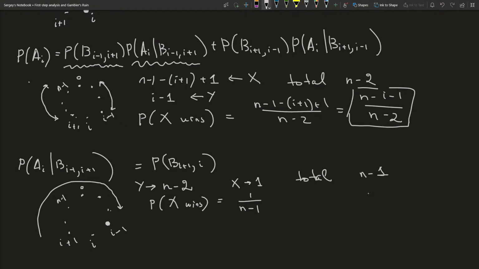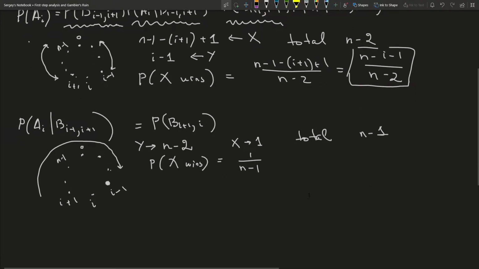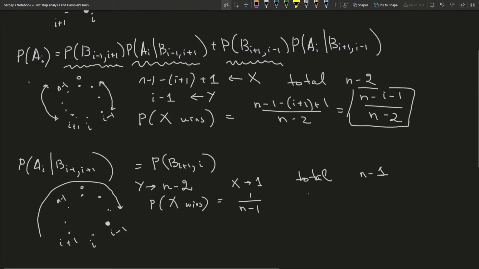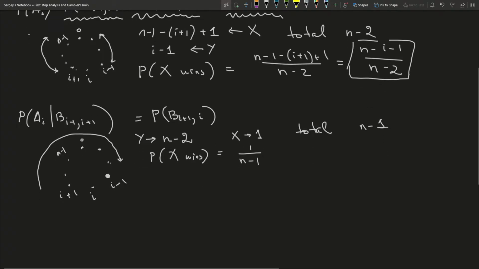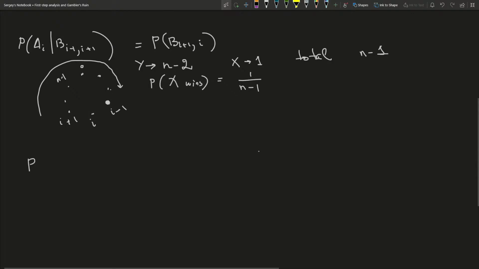Now the next term we want to find out is this here, the probability that the i plus first sheep is eaten before the i minus first sheep.